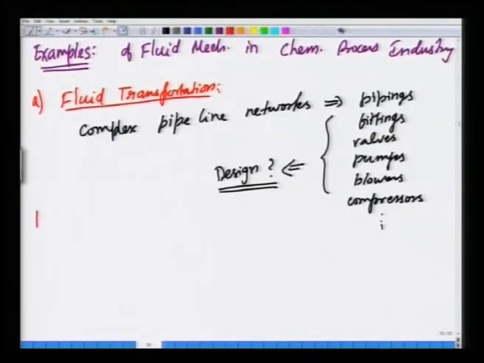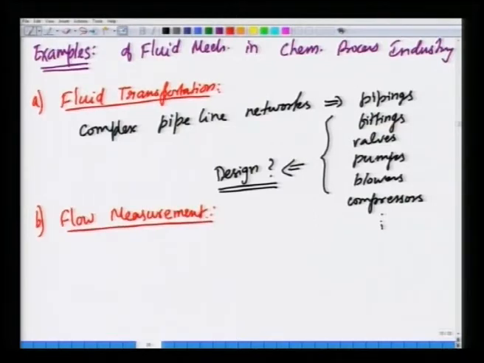So, the next point is flow measurement. Next application of fluid mechanics in process industries is flow measurement. By flow measurement, we mean the measurement of flow rates of streams as well as measurement of pressure in the chemical process industry. So, why do we have to measure flow rates or pressure?